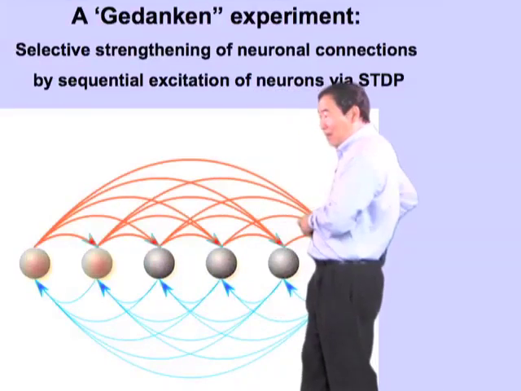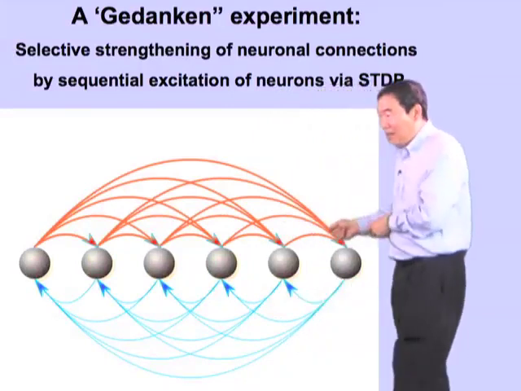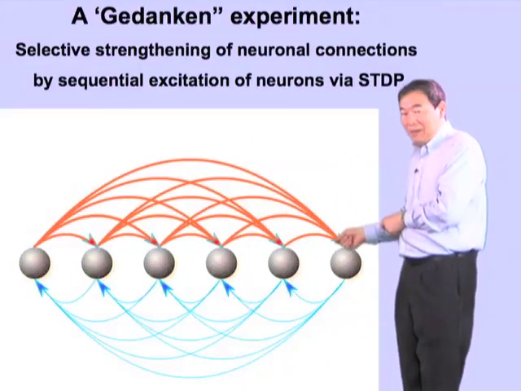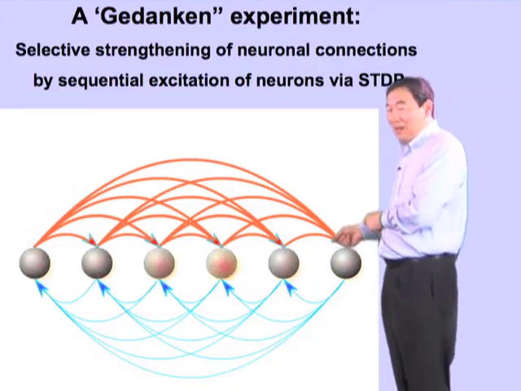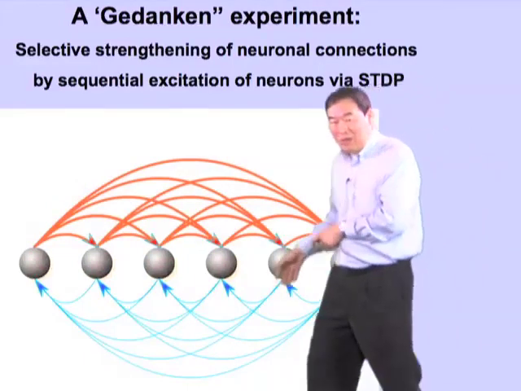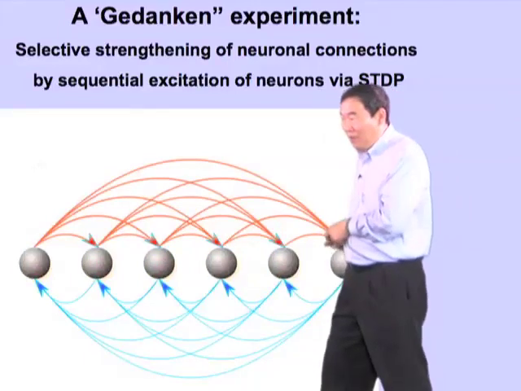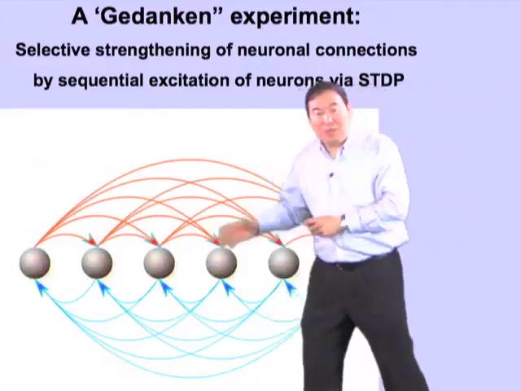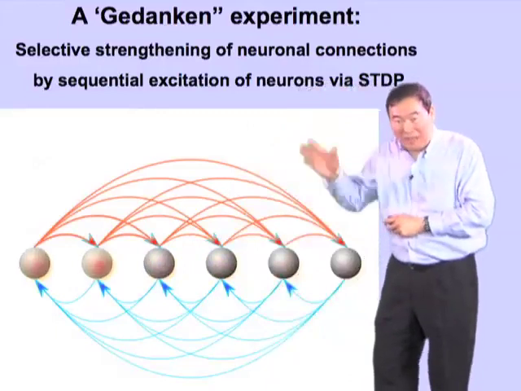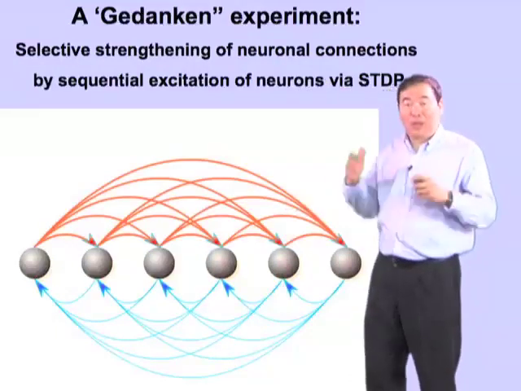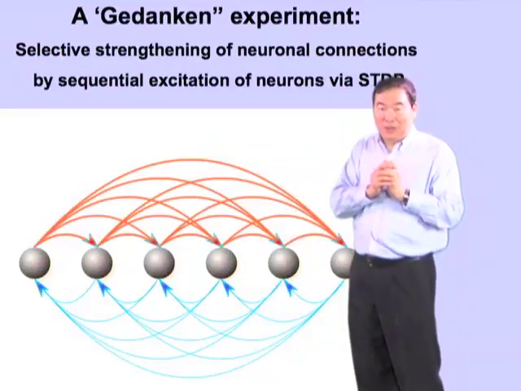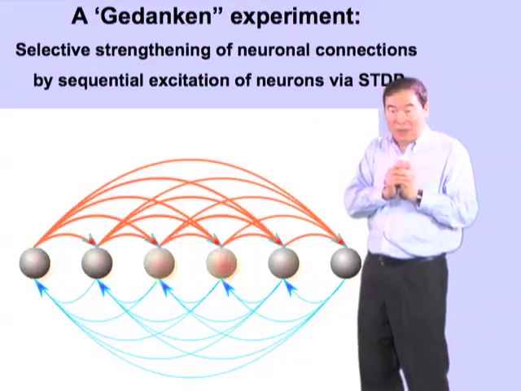In the meantime, excitation from the right side, from the endpoint here, will not likely trigger sequential firing because of the weakening of the synapses from right to left. So this is a Gedanken experiment. We thought that this might be happening. Let's see whether we can actually demonstrate this in the real cortex.